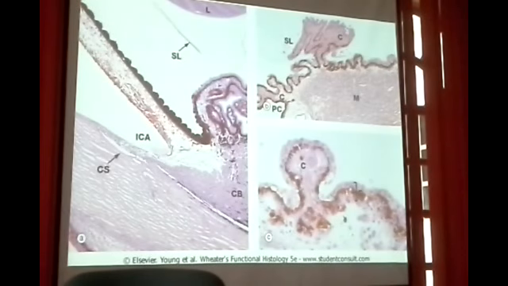Yes, continuous. So the lens becomes larger, and because it contains crowded fibers, its elasticity decreases. And its elasticity is important for accommodation.